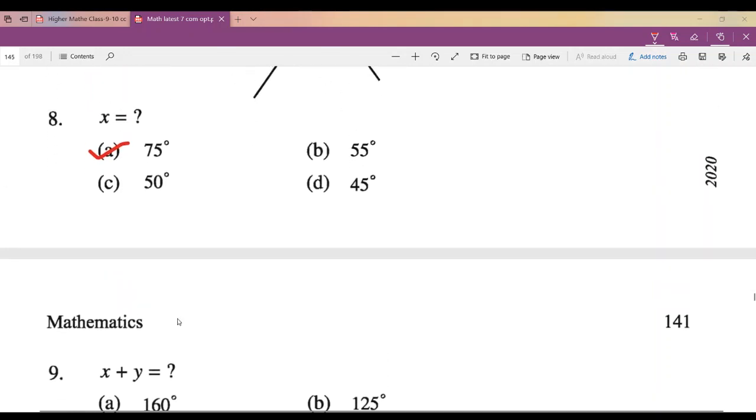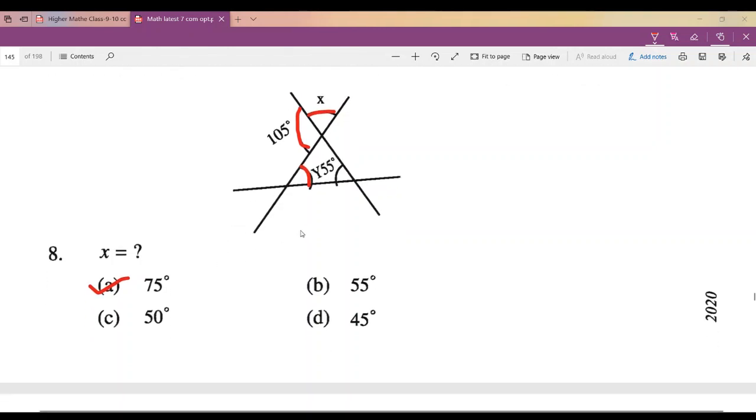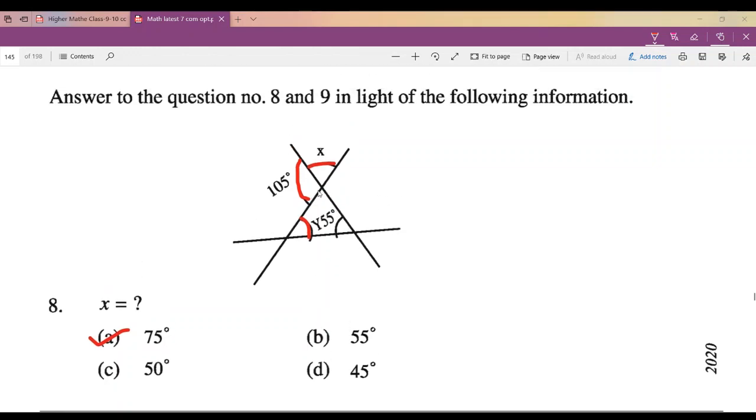Now we have to find the value of X and Y. This angle is Y. The value of X we get from question 8, the value of X is 75. This is 75, so this is also 75, because they are vertically opposite angles.